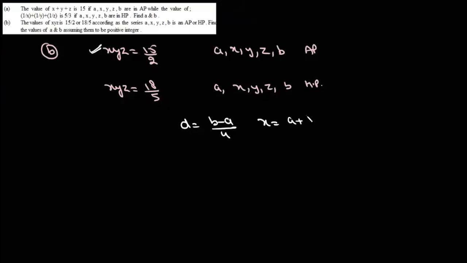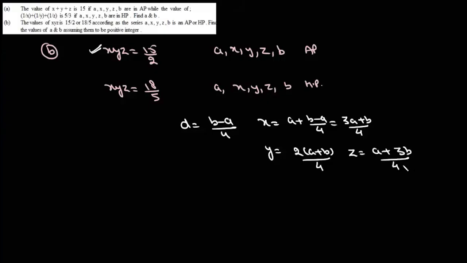So it will be a + (b - a)/4, which is (3a + b)/4. y is x + d, so it will be (2a + 2b)/4, and z will be y + d, which is (a + 3b)/4.